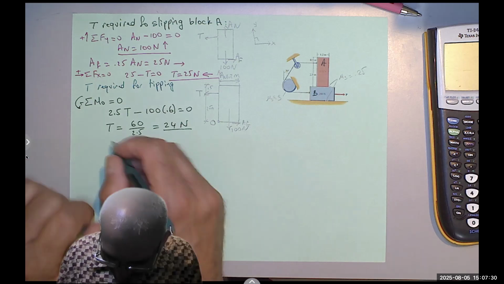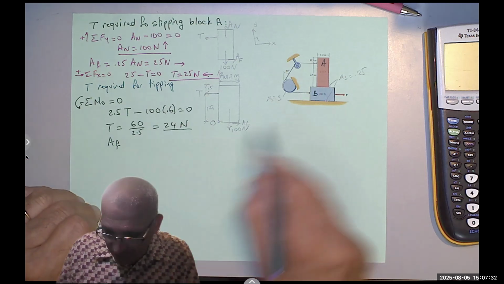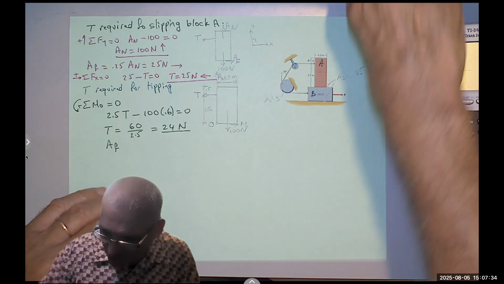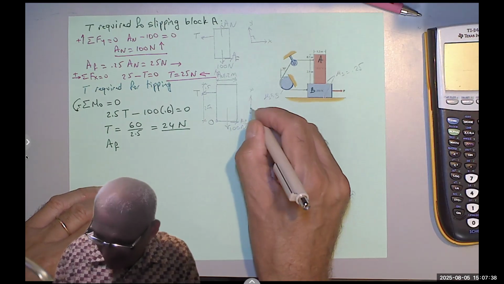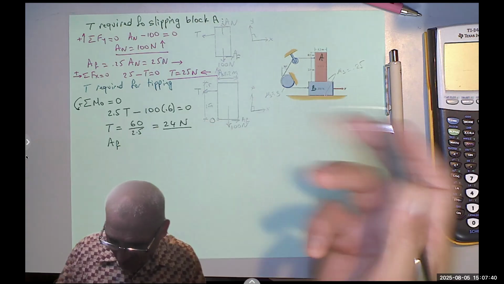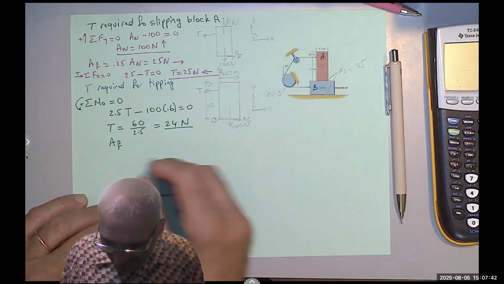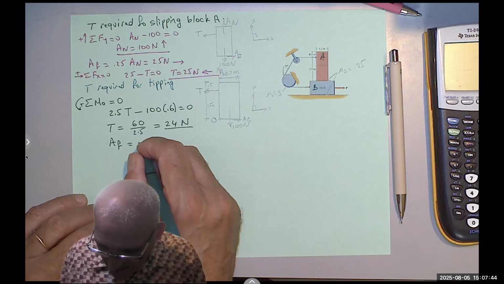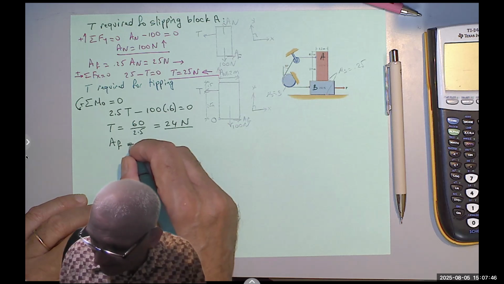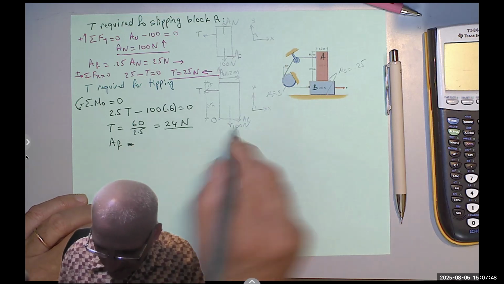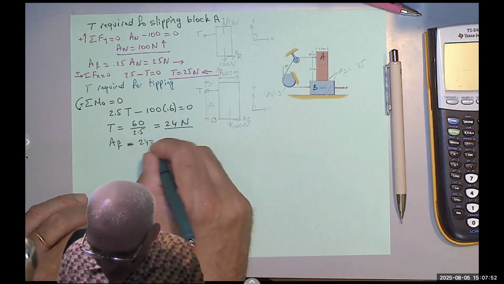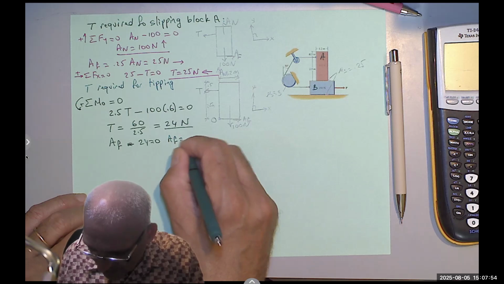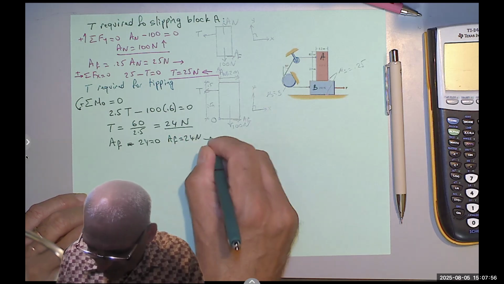It means that A sub f from the summation, and now maybe I need to show my X and Y. I thought this would be smaller, but apparently A sub f minus the tension, which is 24, equals 0. So A sub f equals 24 Newton to the right.